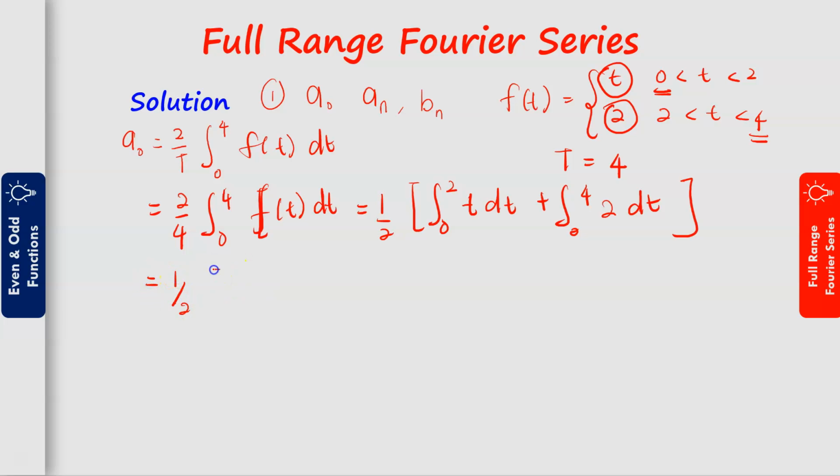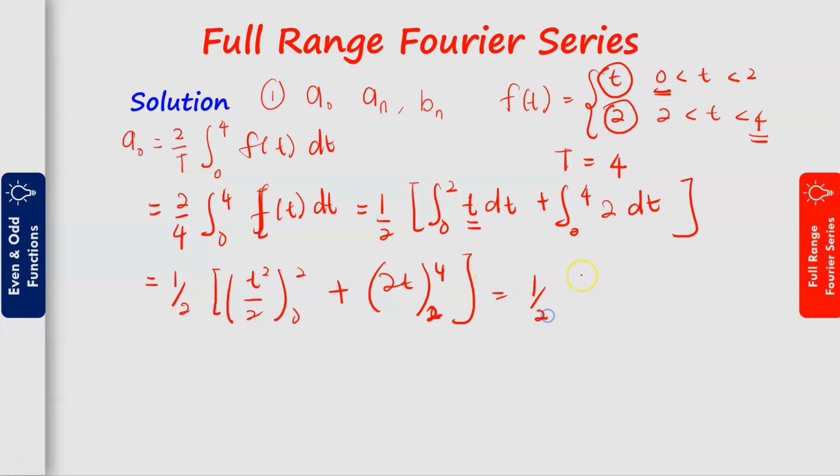We have 1 over 2, and this one is t squared over 2, from 0 to 2, plus 2t, from 2 to 4. When we simplify this one, we'll have equal to 1 over 2 times 2, and then plus 2 times 4 minus 2 times 2.